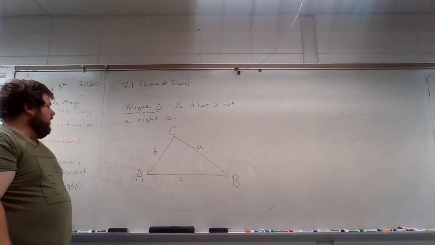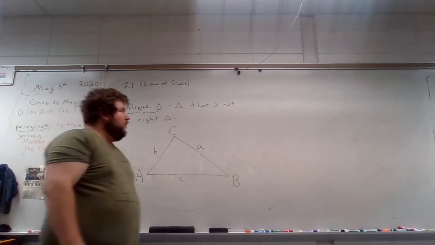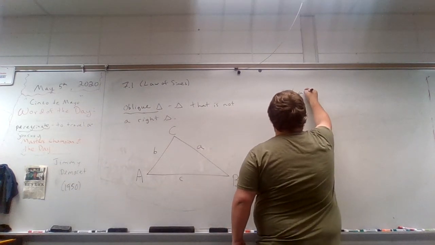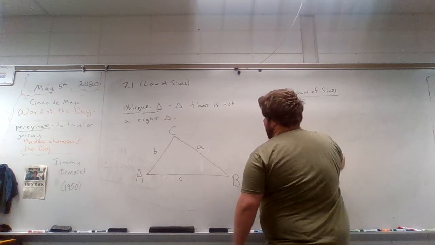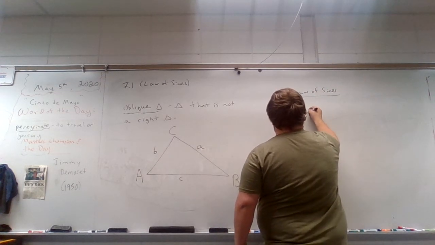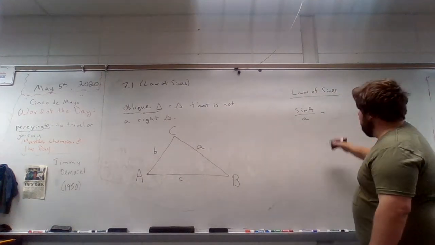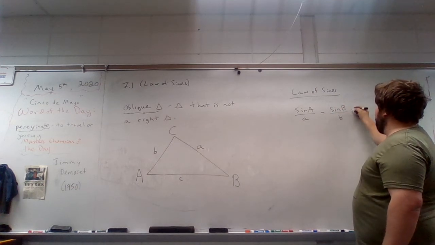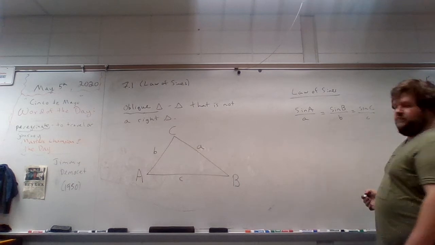Now, what we actually know about this triangle is this relationship, which I'm going to call the law of sines. This says that the sine of A over little a is equal to the sine of B over little b, which is equal to the sine of C over little c.